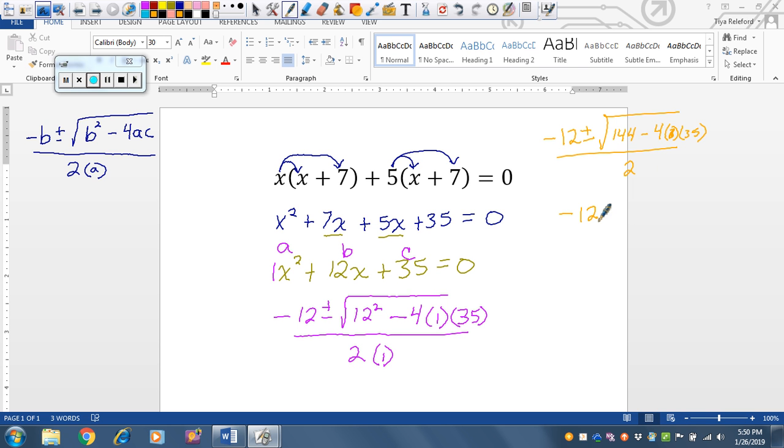Then I have negative 12 plus or minus square root of 144 minus 4 times 1 is 4. 4 times 35, I think it's 140. Double check me. Simplify again. Negative 12 plus or minus square root of 144 minus 140 is 4 divided by 2.